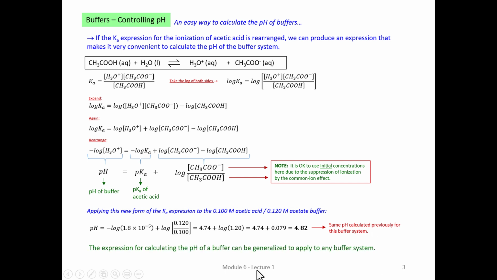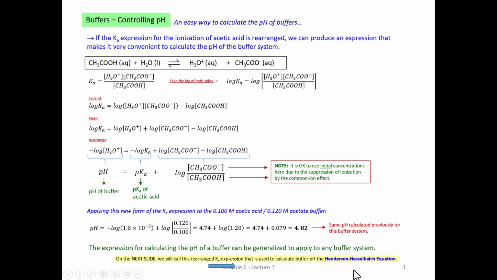This expression for calculating the pH of a buffer can be generalized to apply to any buffer system. And on the next slide, we'll call this rearranged Ka expression right here the Henderson-Hasselbalch equation.